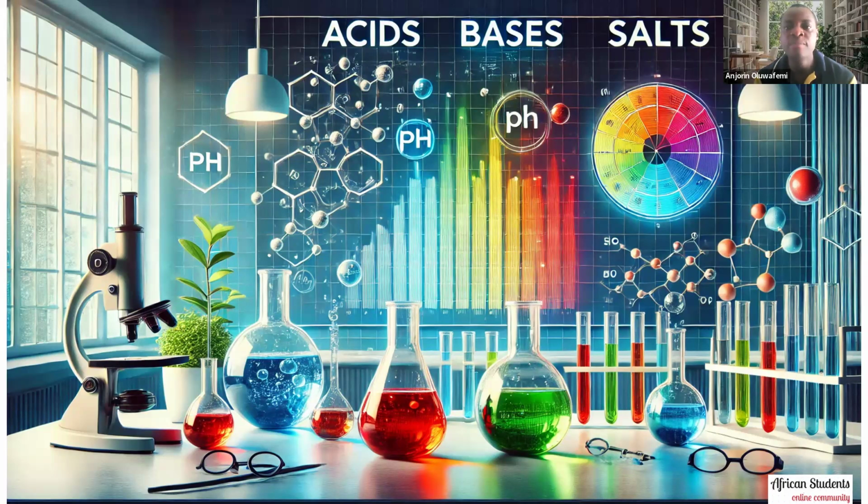We also looked at the various methods for preparing salts: precipitation method, double decomposition, titration method, direct method of preparation, and so on. We also looked at the uses of salts, and we then wrapped up the video for the part 1 of the acid, base, and salts.